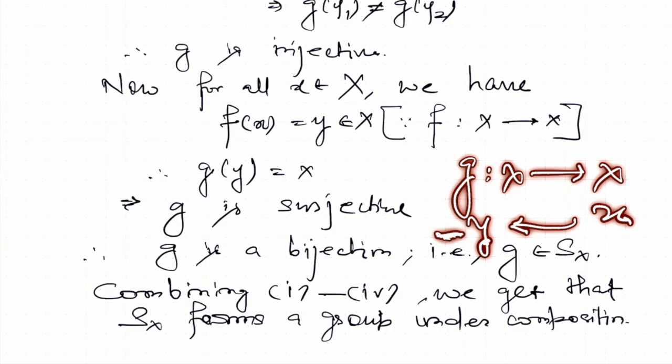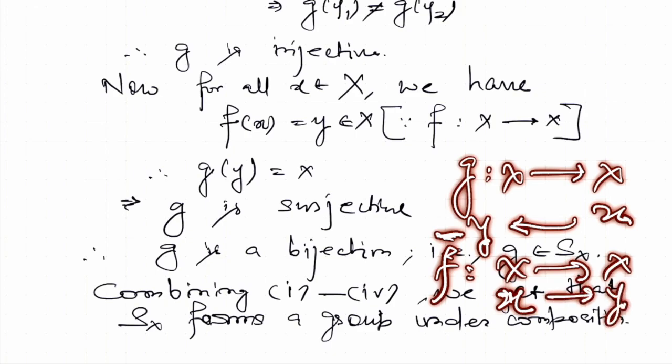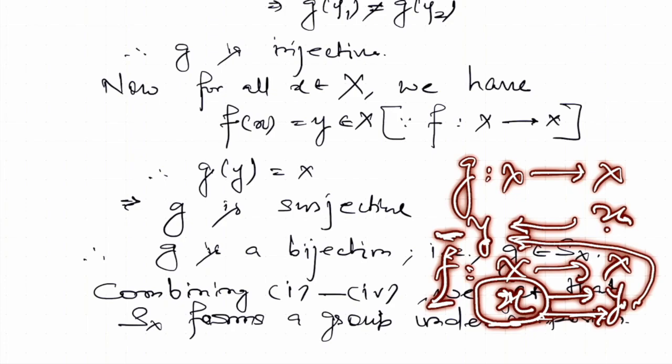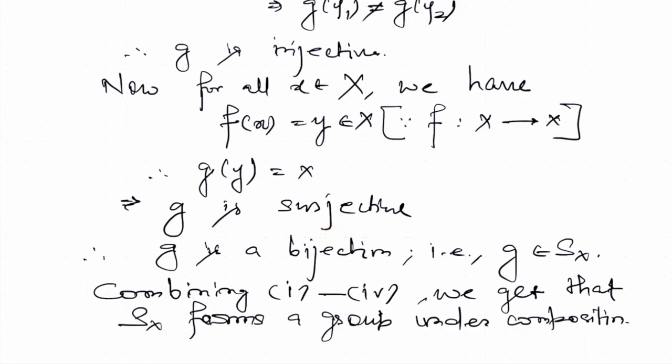Actually it means that f is a function from X to Y. The question is asking for all x, and we know that f is a function, so every such x has an image, and since x has an image, it turns out to be the pre-image of x under g. Thus g is surjective, and by combining both, g is injective and surjective, we can say that g is bijective.